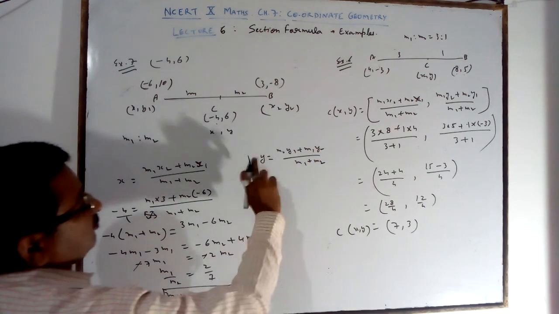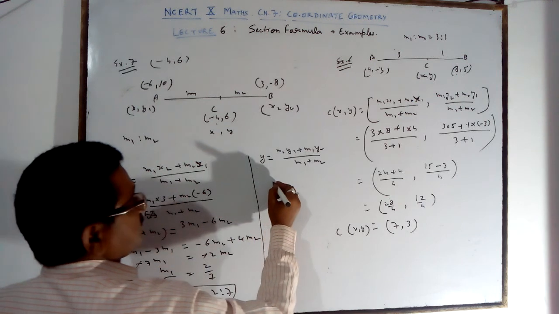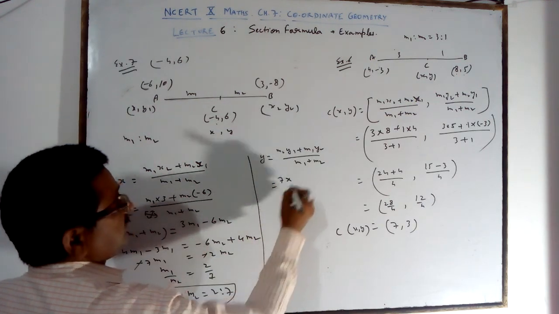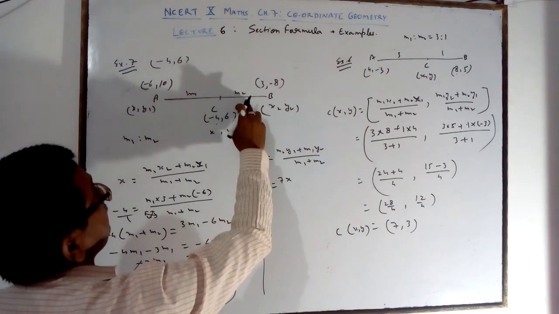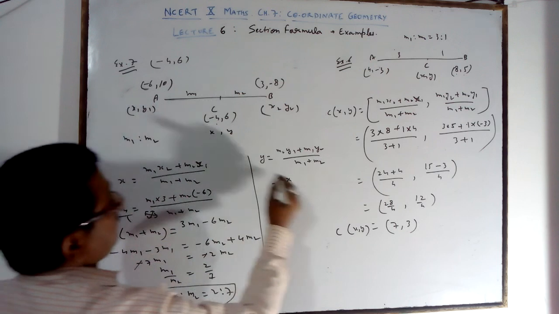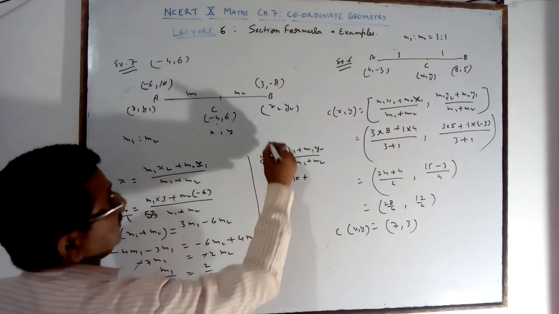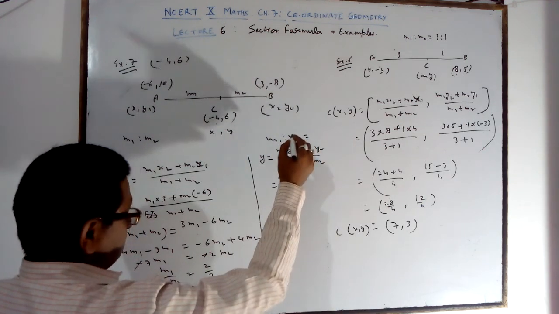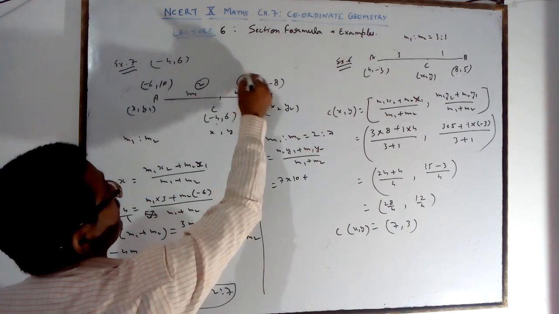You can write m1 y2 or m2 y1, anything. M2 is 7 and y1 is 10, so 7 into 10 plus m1 into y2, where m1 is 2 and y2 is minus 8.